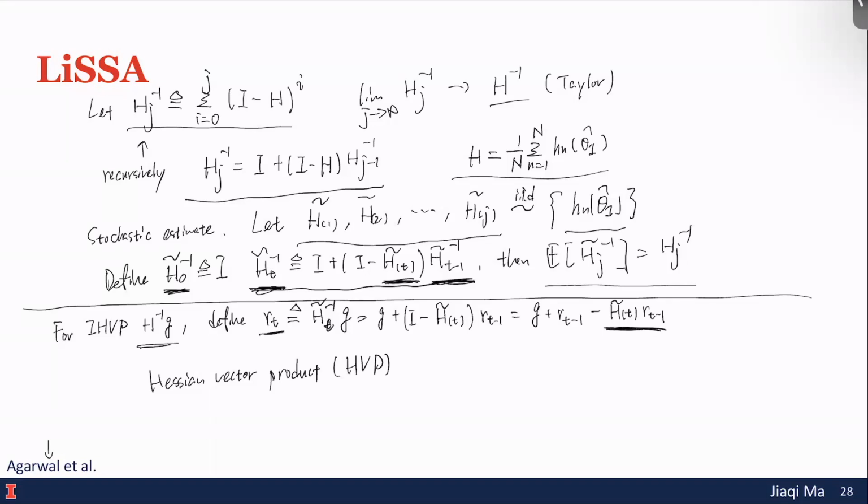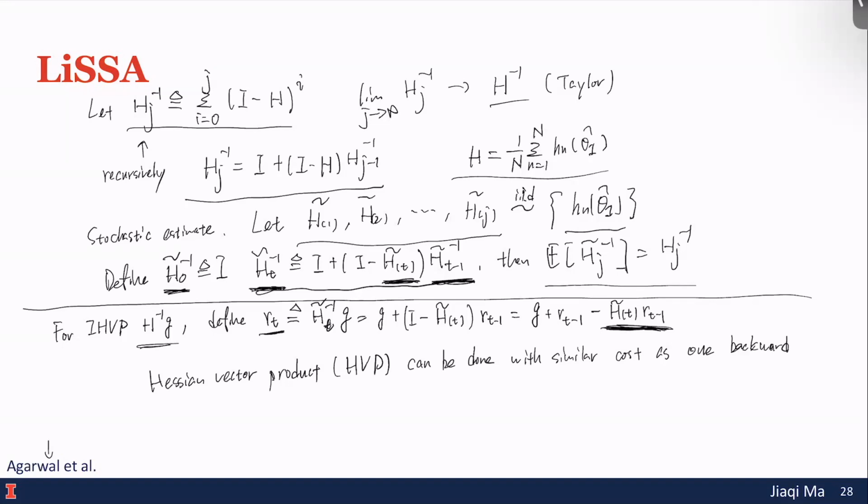Calculating the Hessian times a vector can be done efficiently through an algorithm with a similar cost as one backward pass, like calculating the gradient. So we don't need to explicitly calculate the Hessian.